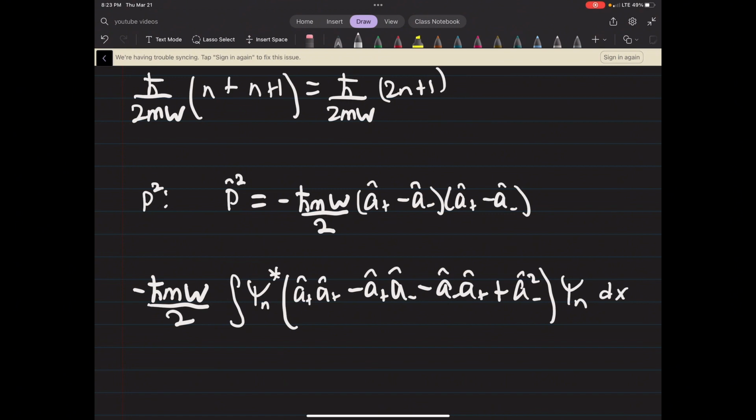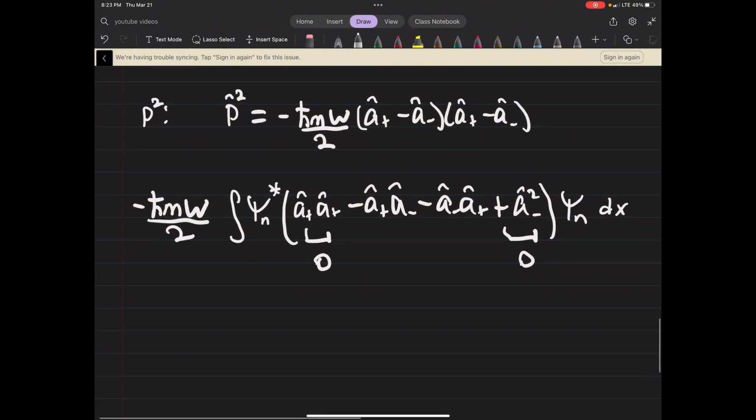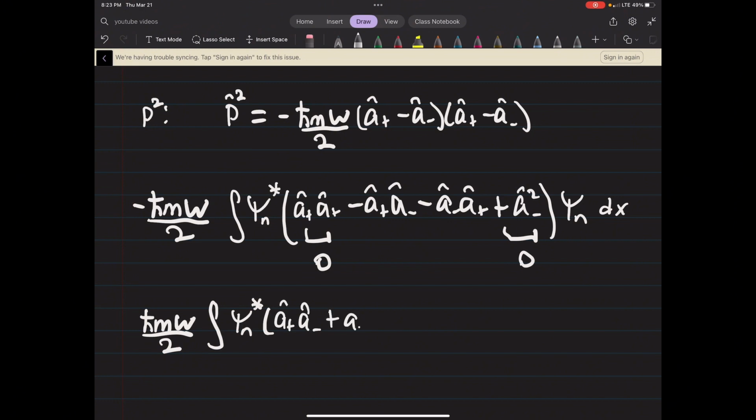Now once again, these terms are going to give you 0 because they're going to drop our psi to psi n minus 2 or psi n plus 2, and because of the orthogonality, that's not really going to work. So now I'm going to factor out the negative, and we'll have h bar m omega over 2, the integral, psi n, and now it's a plus a minus plus a minus a plus, psi sub n dx.